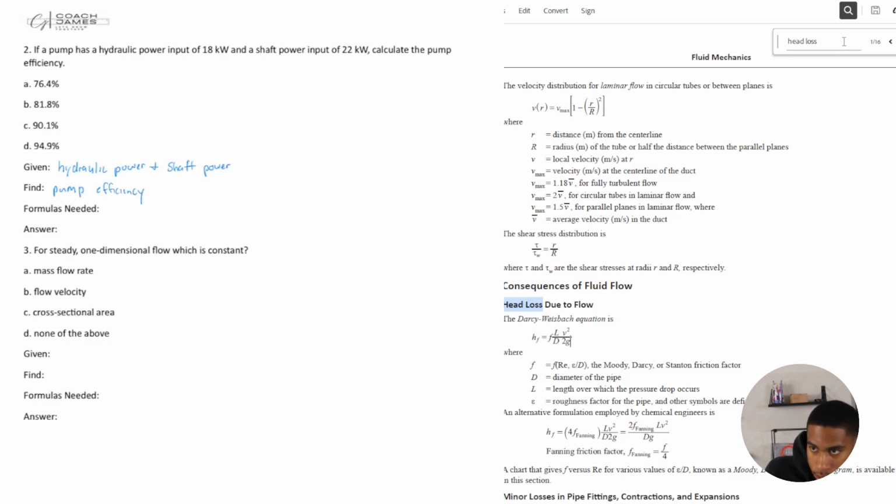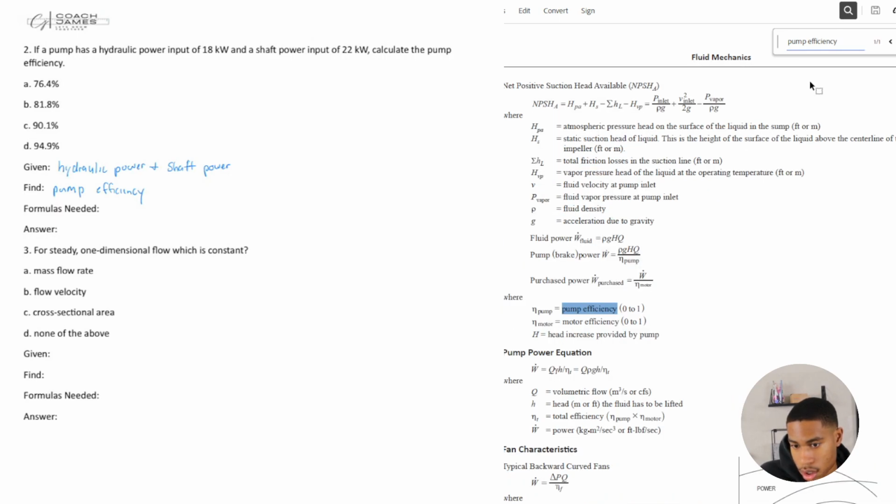All right. So I'm just going to search pump efficiency real quick to see if I can find anything. All right. So pump efficiency is N of pump. So it's from 0 to 1.